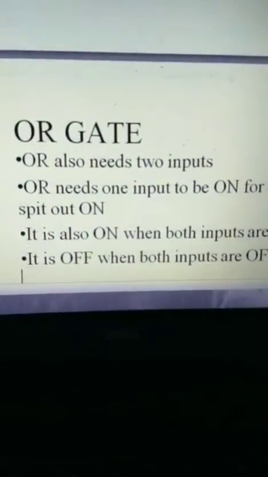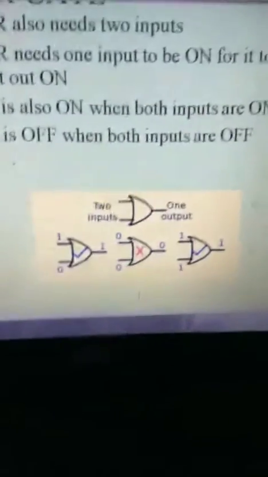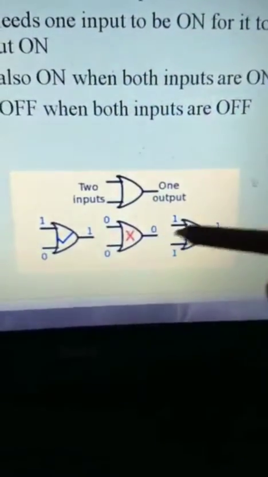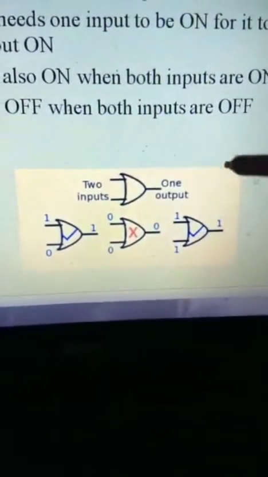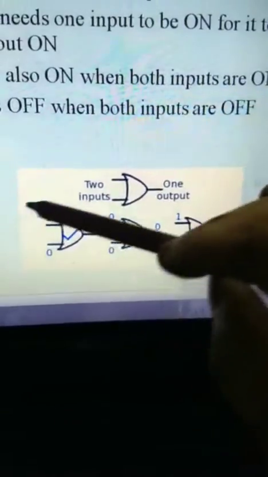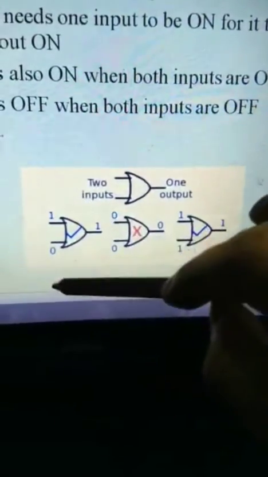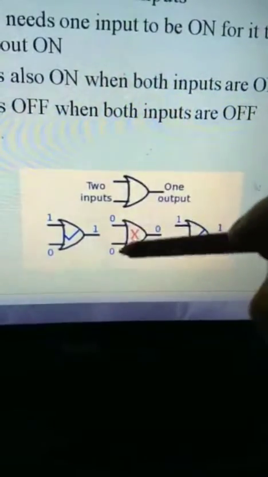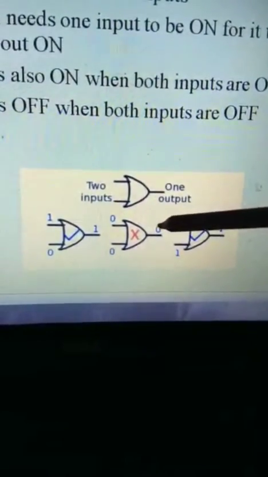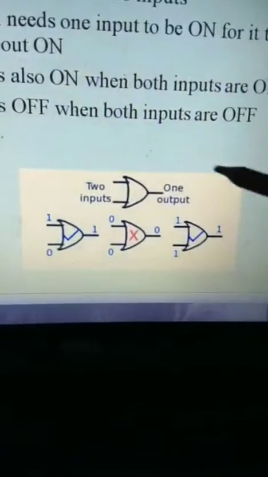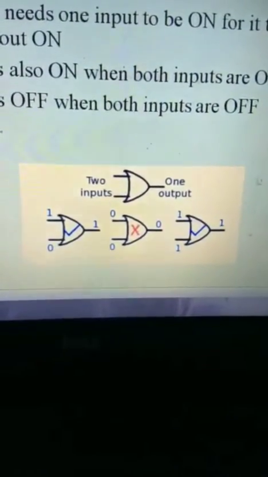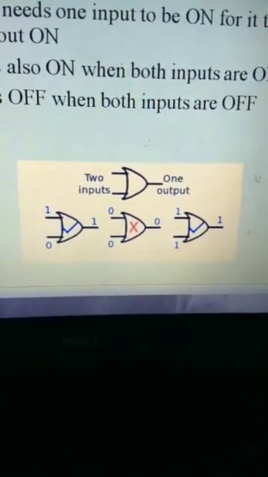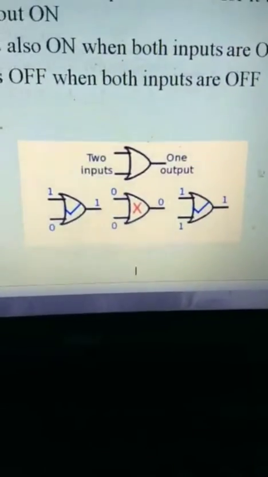Okay. So this is the logical symbol or block diagram of an OR gate. If you give 1 in the A value or B value, then you will get the value as 1. If you give 0 in both places, then you will get 0. If you give 1 in both places, then 1. For any 1 input, you get the value as 1.